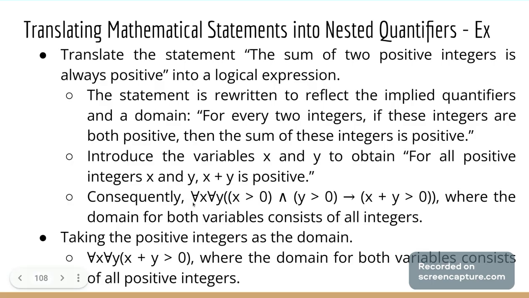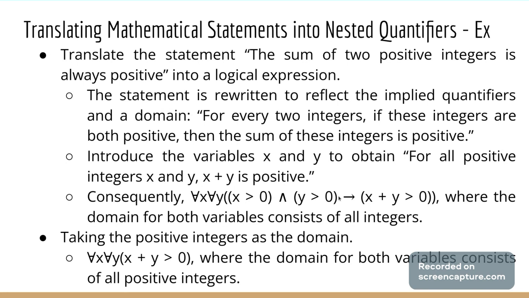The statement is given over here: for all x, for all y, if x is greater than 0 and y is greater than 0, this condition is saying that x and y should be positive, it implies that x plus y, the addition of two positive integers, will also be greater than 0. And the domain over here is all integers. We are not talking about only positive integers.